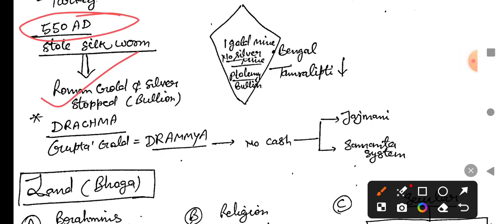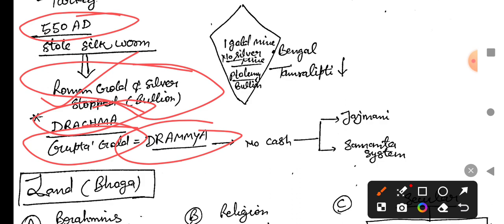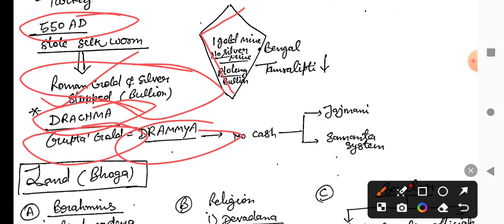In 550 AD it happened and they stole silkworm. Roman gold and silver stopped, and Roman gold and silver bullion was known as dracham, and Gupta's gold bullion was known as dramme, okay. So you need to remember this. And this is the geography of India: one gold mine, that means Kolar, was present at that time, and no silver mines were discovered at that time, and Ptolemy bullion was discovered here, okay.